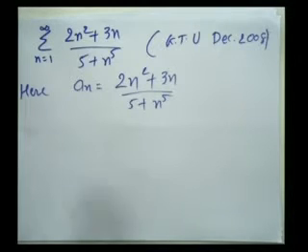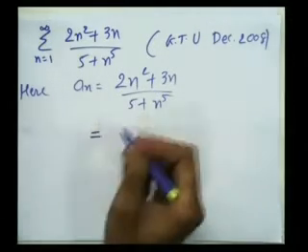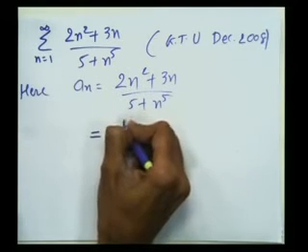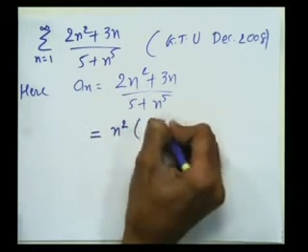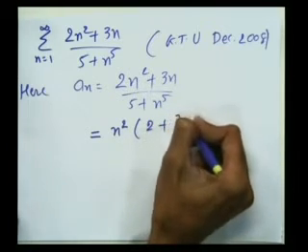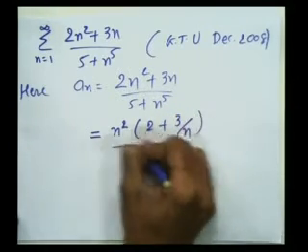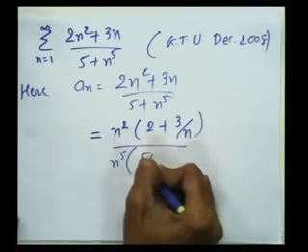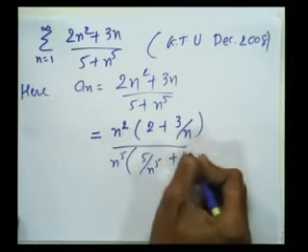So first, taking n square common here, 2 plus 3 by n, and upon, taking n raised to 5 common, 5 upon n raised to 5 plus 1.